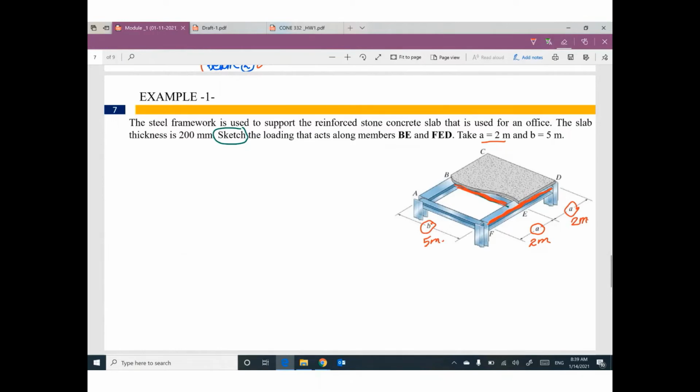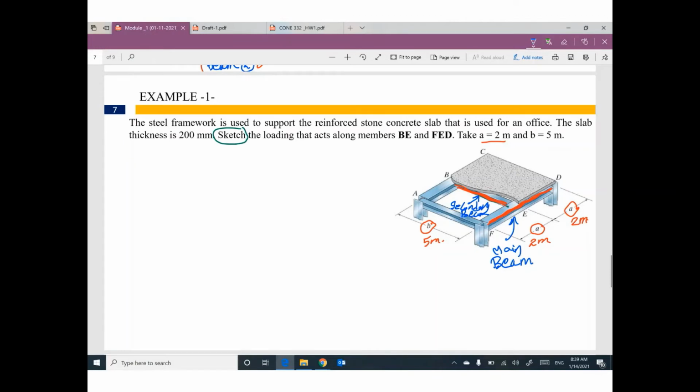Okay. Let me explain something very important. This beam is called the secondary beam. And this beam can be called the main beam or main girder. Why? For one reason: any beam needs supports.